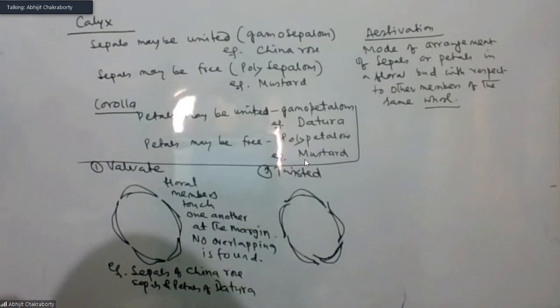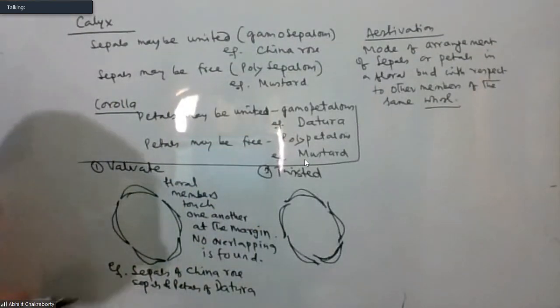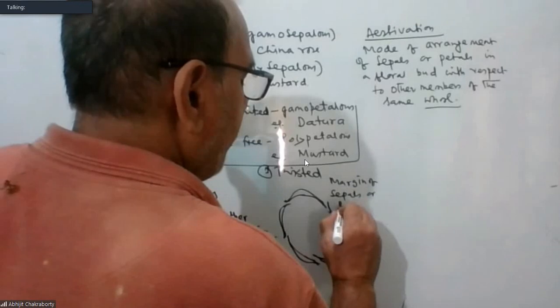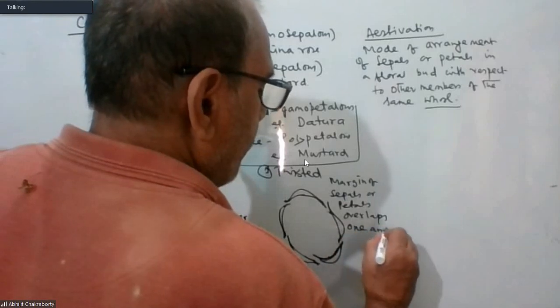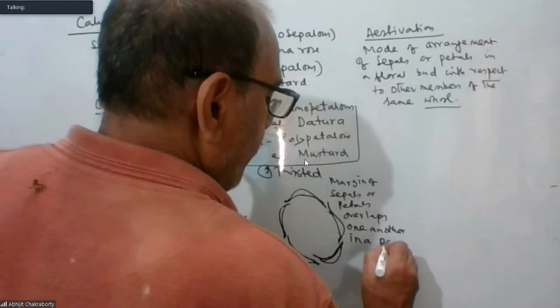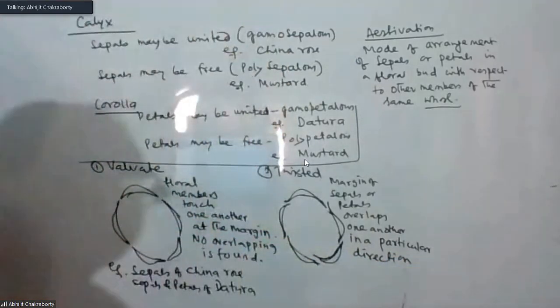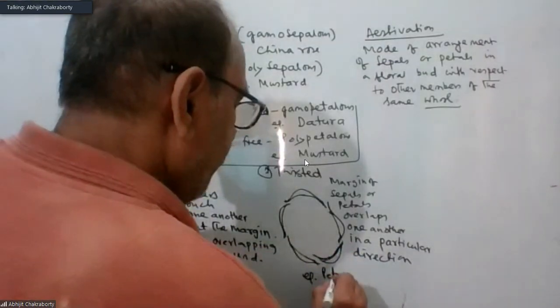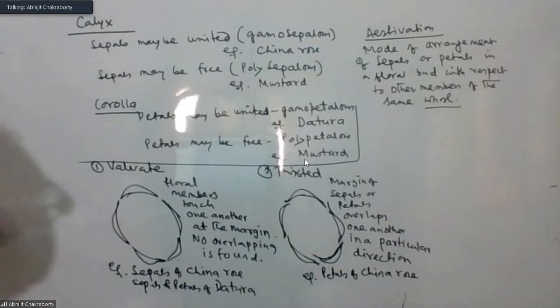So here the members overlap one another in a particular direction. Example, petals of China rose.